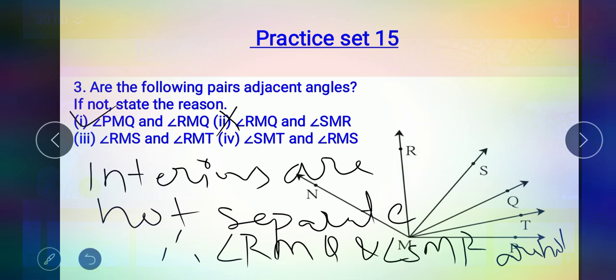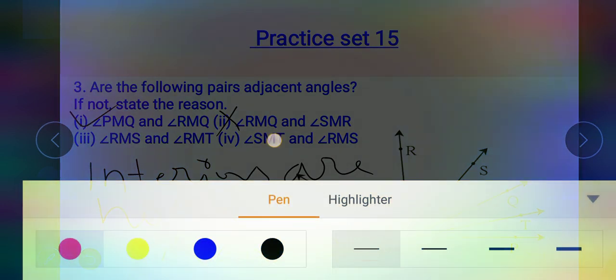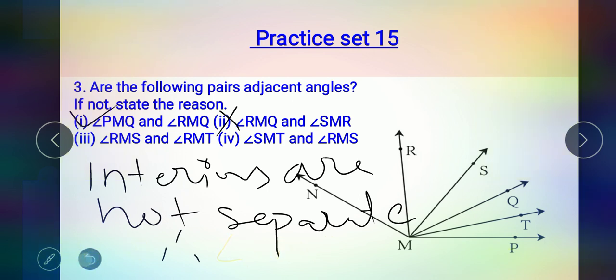So here you will write this reason, that the interiors are not separate, and that's why angle RMQ and SMR are not adjacent angles.